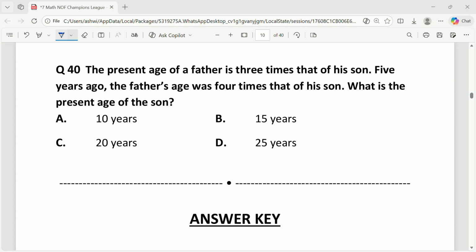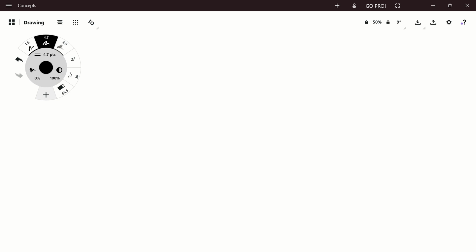Question 40. The present age of a father is 3 times that of his son. 5 years ago, the father's age was 4 times that of his son. What is the present age of the son? Let the present age of the son be S and the present age of the father be F. For the first statement, the present age of the father is 3 times that of his son, which gives us F is equal to 3S.